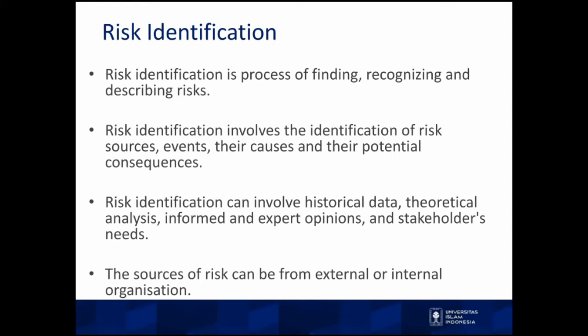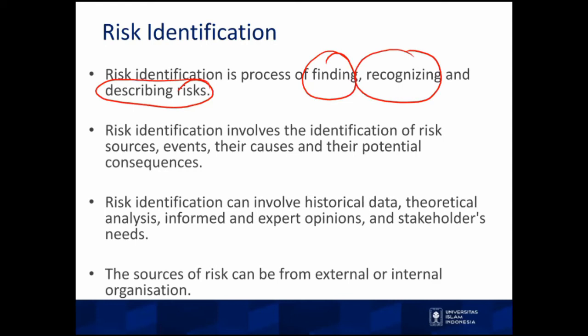And the source of risk, the thing that you have to remember, it could be from external or internal organization. So in the process of risk identification, what we need to do is we find the risks, recognize the risks, and describe the risks.